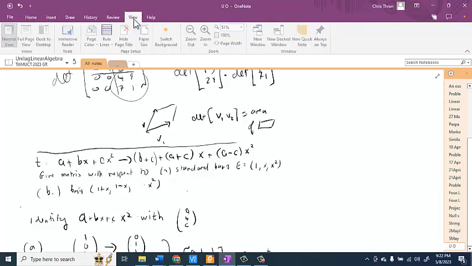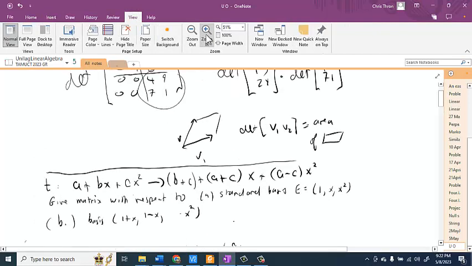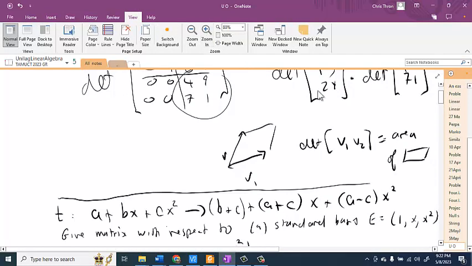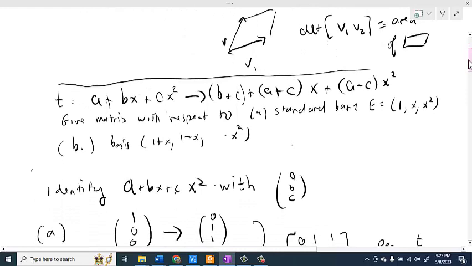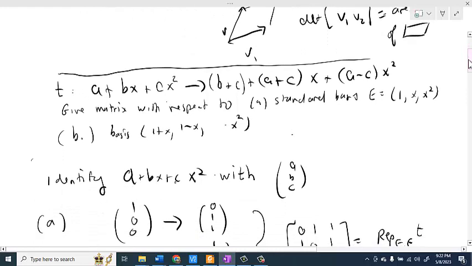Let me zoom in a little bit. I think okay. All right, and let's go out here. Okay. Now, in the standard basis, I would identify a plus bx plus cx squared as a, b, c in the standard basis.